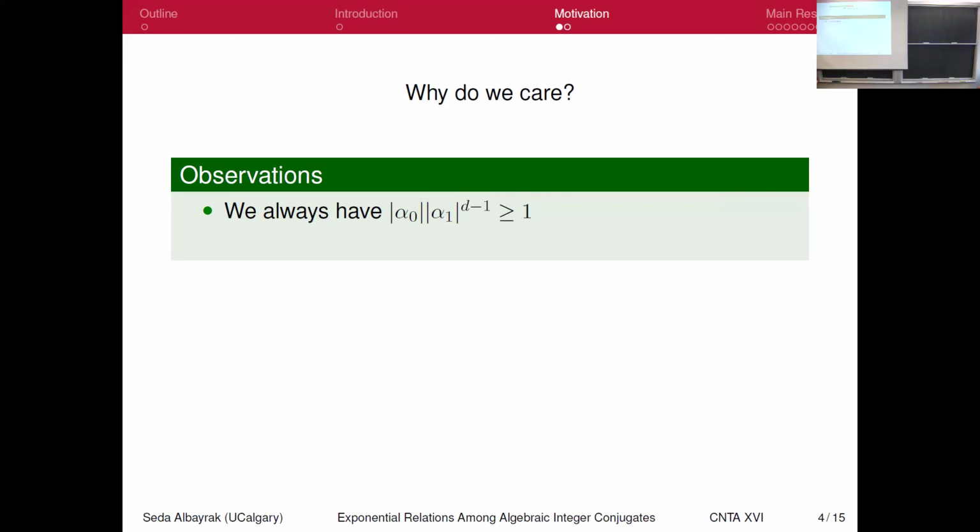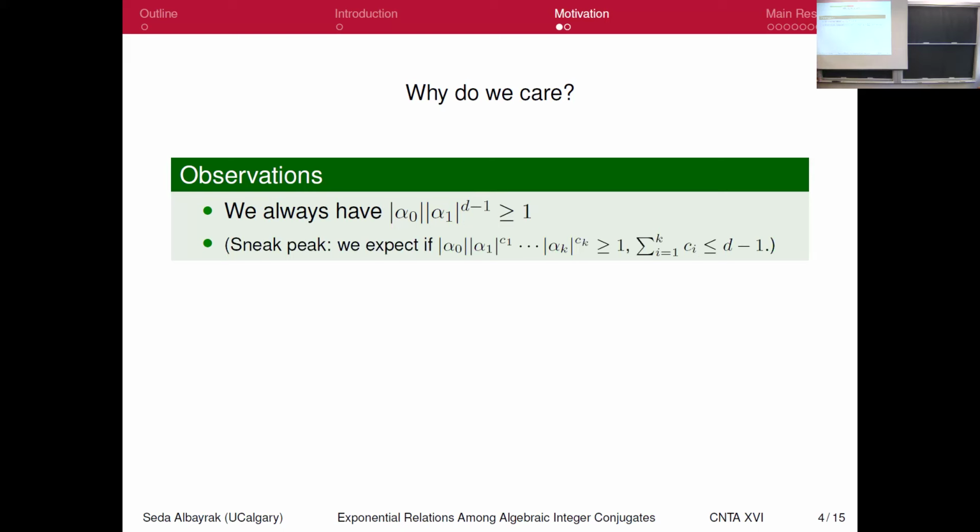So what you could do is drop this power by 1, and then replace alpha 1 with alpha 2, which would be smaller, and then go down to alpha d minus 1, and it's like you have just the product of the roots. Again, I'm thinking of a polynomial here. And that's always going to be greater than or equal to 1, because the polynomial is over Z. Here is a sneak peek.